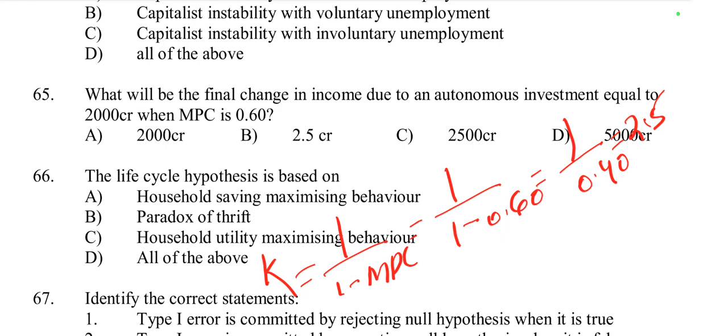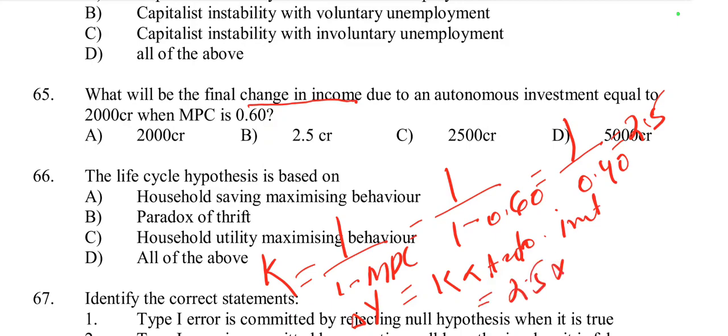Then we have to find out the change in income, or delta Y. Change in income is equal to the multiplier K into autonomous investment. So here the K value is 2.5 into autonomous investment of 2000 crore.